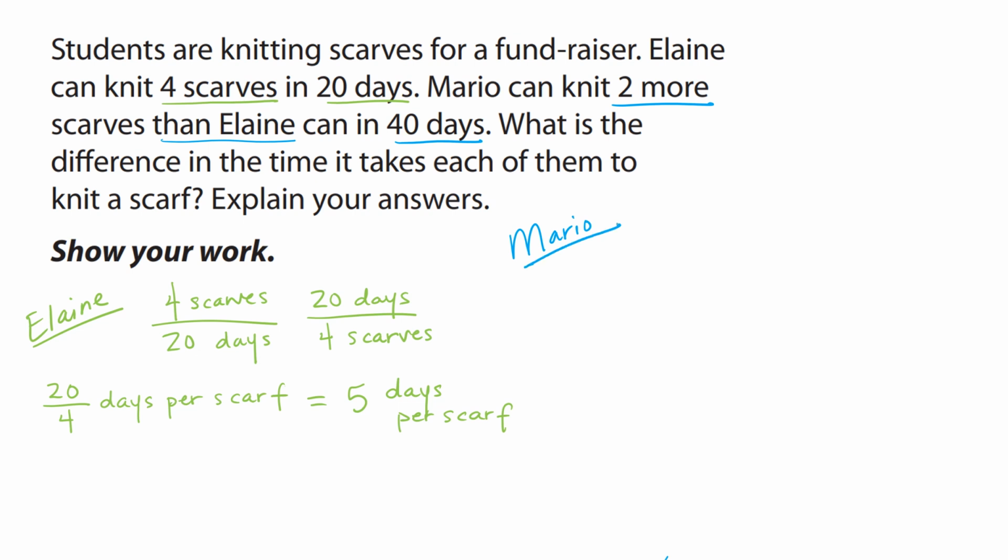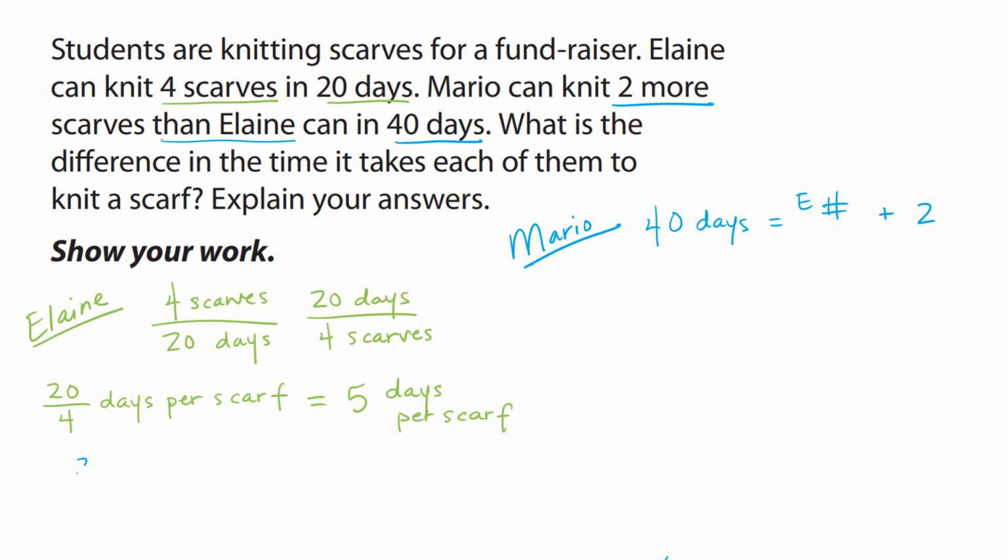Instead, we were told that in 40 days, Mario can knit Elaine's number, so I'll put E number, plus 2 more scarves. So let's figure out how many scarves Elaine could knit in 40 days.